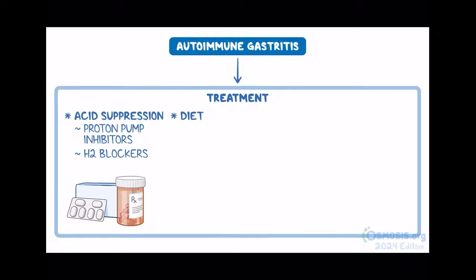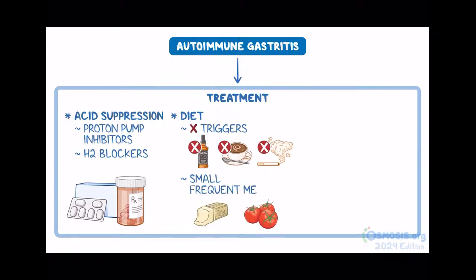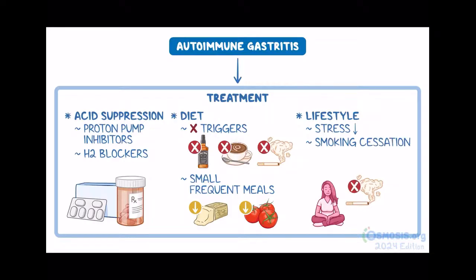Also, encourage dietary modification by avoiding triggers like alcohol, coffee, and tobacco, and eating small, frequent meals low in fat and acid. Finally, recommend lifestyle modifications, including stress reduction, smoking cessation, and weight management.